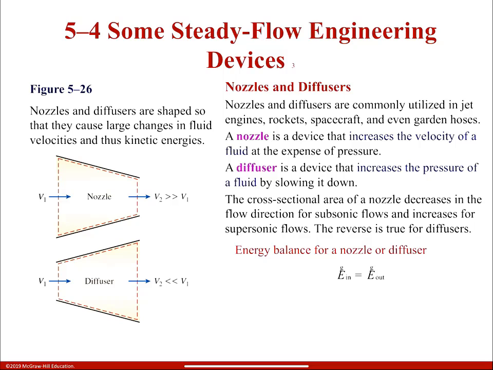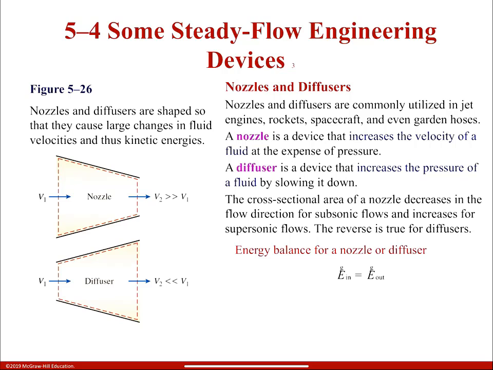So nozzles and diffusers are shaped so they cause large changes in fluid velocities and therefore kinetic energy. Nozzles and diffusers are commonly utilized in jet engines, rockets, spacecraft, and even garden hoses.